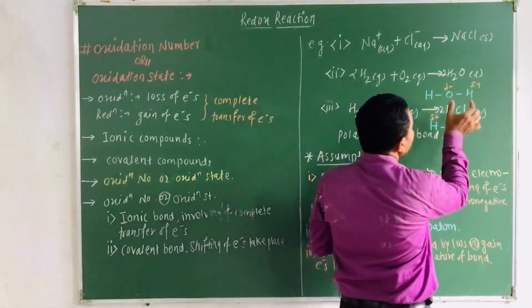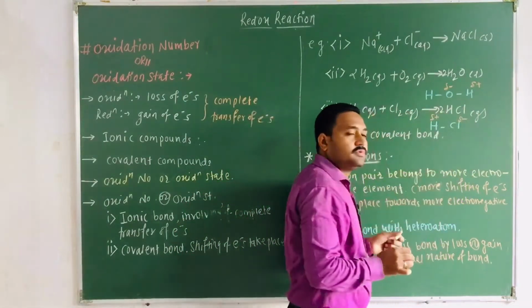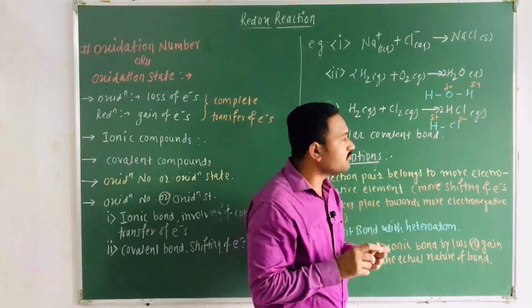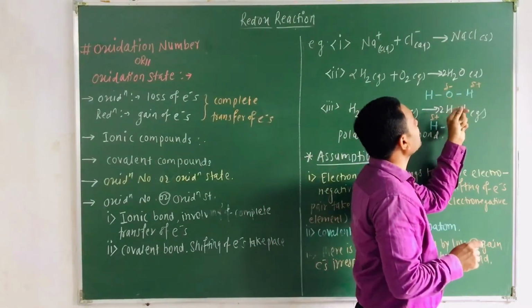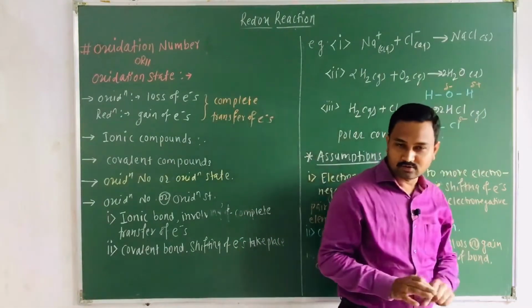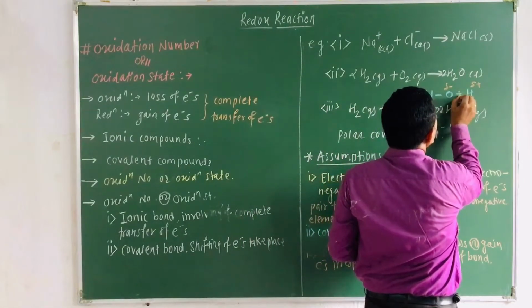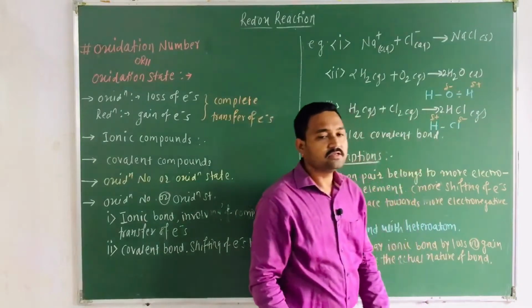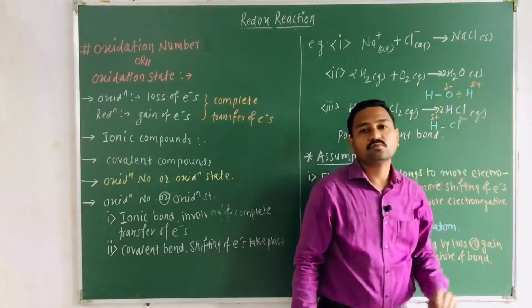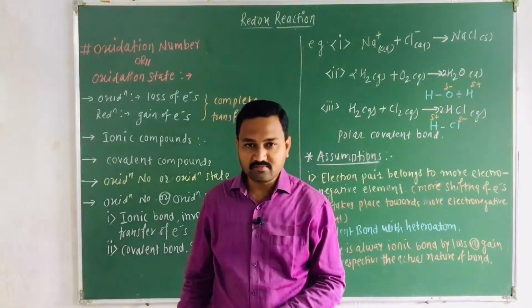We know that this particular molecule consists of a covalent bond. In the covalent bond, one electron is contributed by the oxygen atom and one by the hydrogen atom. So obviously there is a pair of electrons which forms the covalent bond.